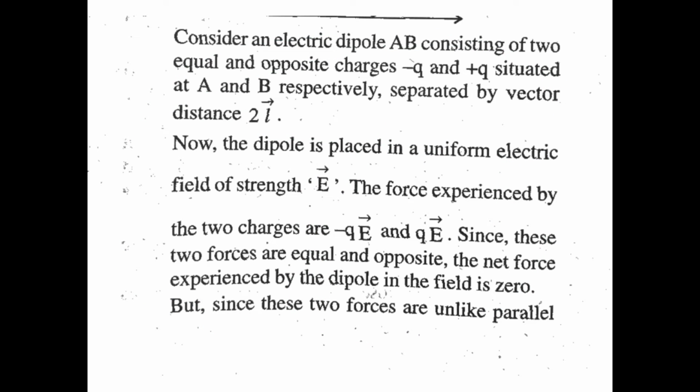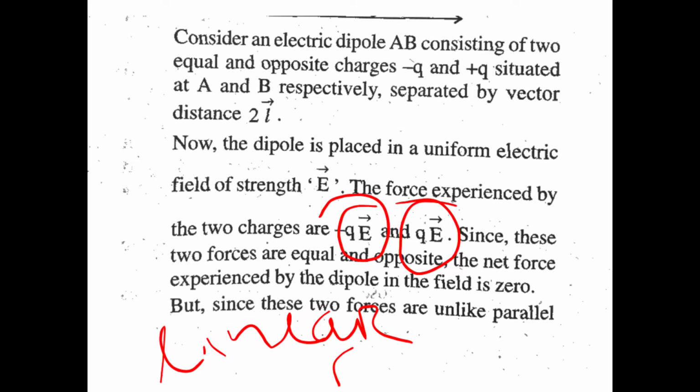The forces experienced by the two charges are minus EQ and plus EQ. Since these two forces are equal and opposite, the net linear force experienced by the dipole in the electric field becomes minus QE plus QE, that becomes 0.